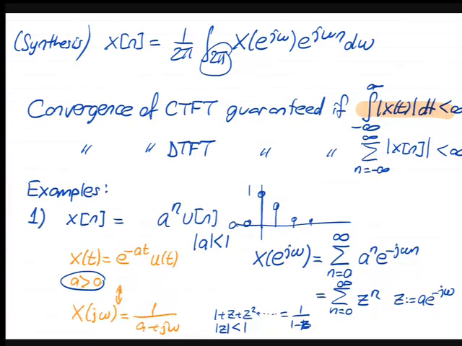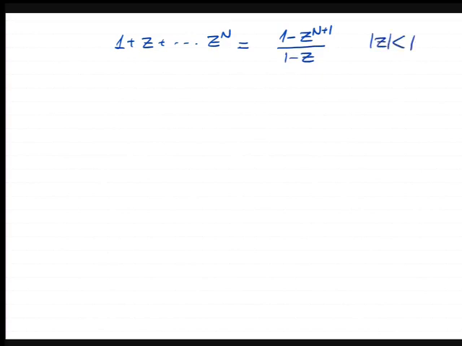So, okay, I think we did something like this before, but let's just remember that. If I take something like this, the sum of z to the k up to n, this is the same as 1 minus z to the n plus 1 divided by 1 minus z, if z is less than 1, therefore you have no division by 0, right?